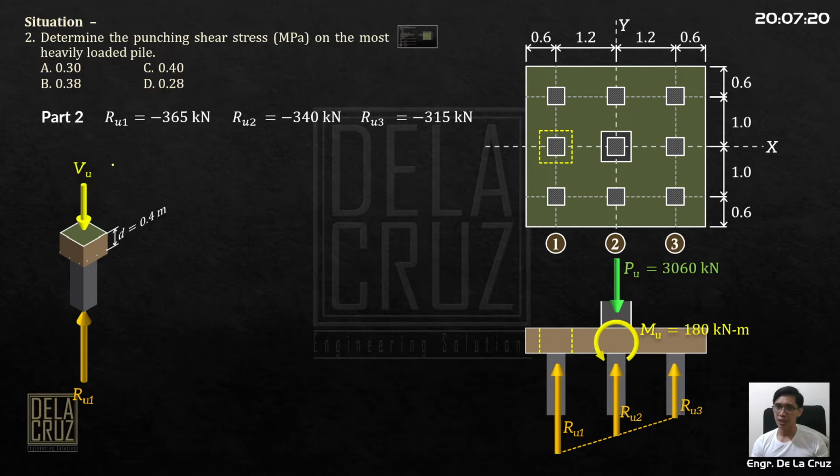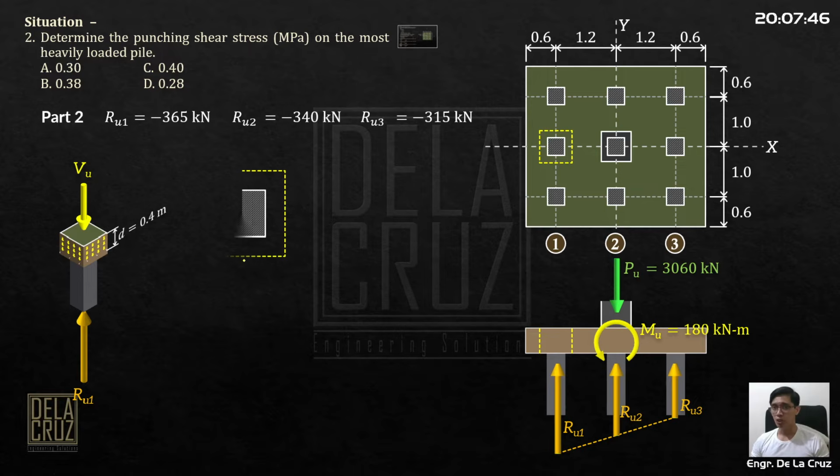Then, ito yung ating shear force. Shear force Vu. That will be by equilibrium pa rin. For this heavily loaded pile, yung ating shear force dito is just equal to RU1. No? And that shear force is distributed on that shearing area. These are the shearing stresses.